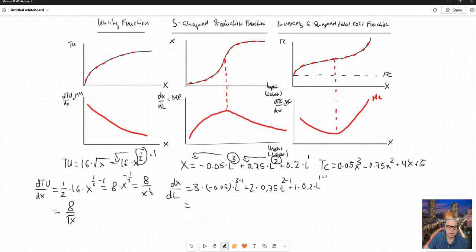We get 3 times negative 0.05, that is negative 0.15, times L squared, because 3 minus 1 is 2, plus 2 times 0.75, that's 1.5, times L raised to the 1, so we just write times L. And then 1 times 0.2 times L raised to the 0, so this last term is 1, so we just get plus 0.2.